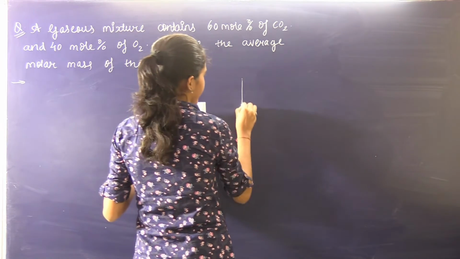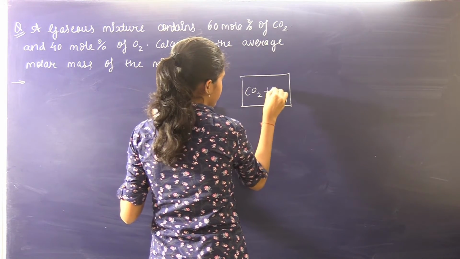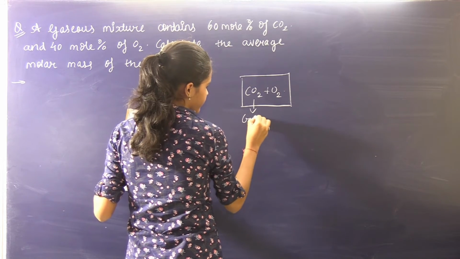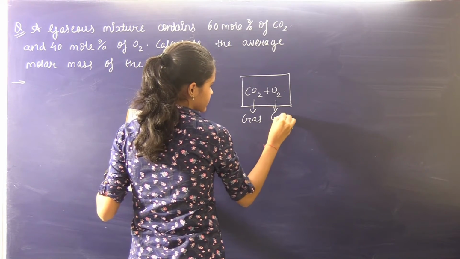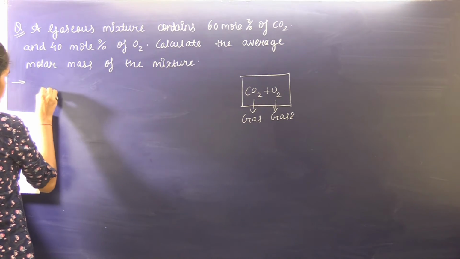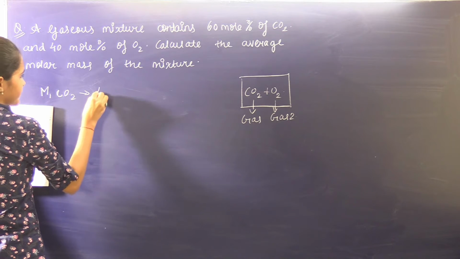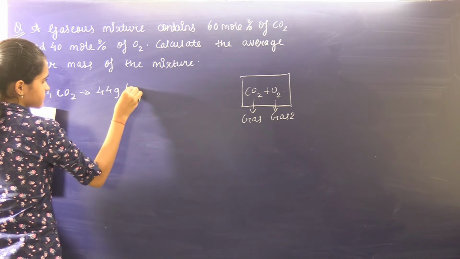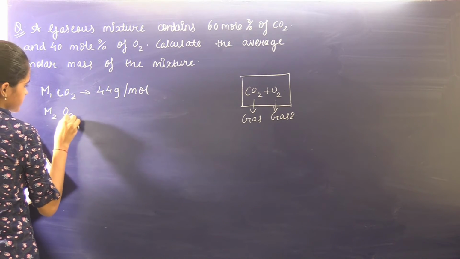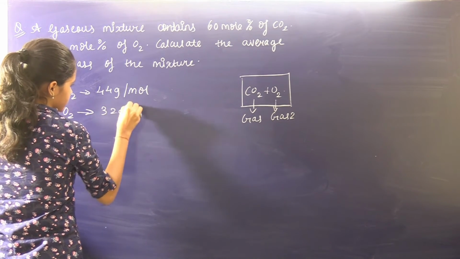So CO2 plus O2, gas 1 and gas 2. So mass of CO2 will be 44 gram per mole and mass of O2 will be 32 gram per mole.